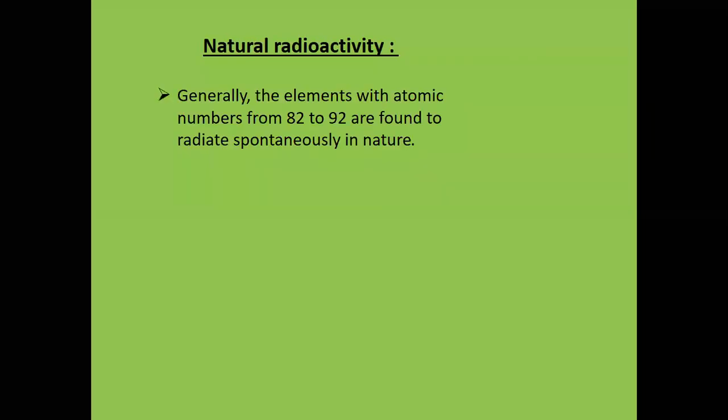Natural radioactivity. Radioactivity was there naturally, which scientists found out. But when they found out that radiations are given out from an element, they thought, why don't we produce it artificially also? Natural radioactivity is generally found in elements with high atomic numbers, from 82 to 92, as they radiate spontaneously in nature.